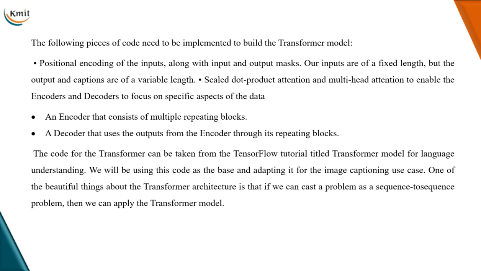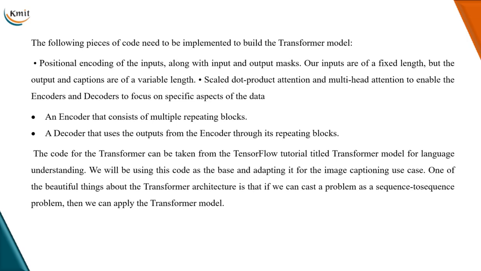First, positional encoding of the inputs along with the input and output mask. Our inputs are of fixed length, but the output captions are of variable length, because depending upon the type of input, our output captions would be different. This is one thing that we have to concentrate on.